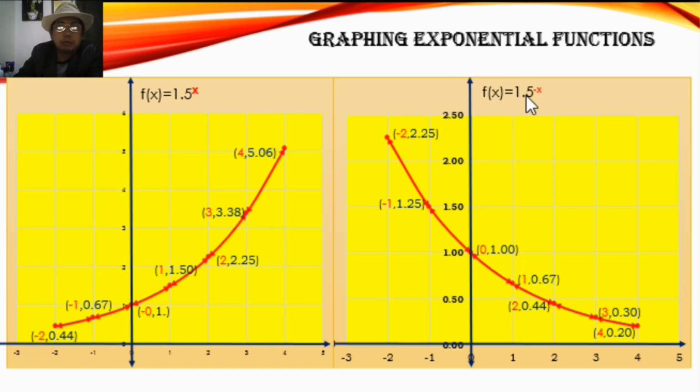How about the decay model? Our base in here is actually less than 1 because our exponent is negative. That is the reason why there is the exponential decrease of the function.